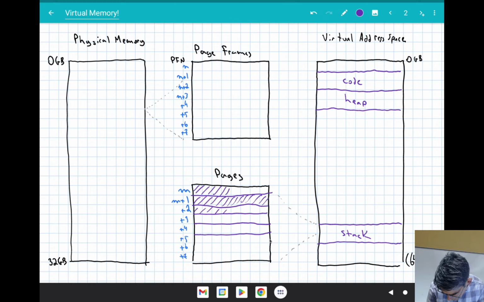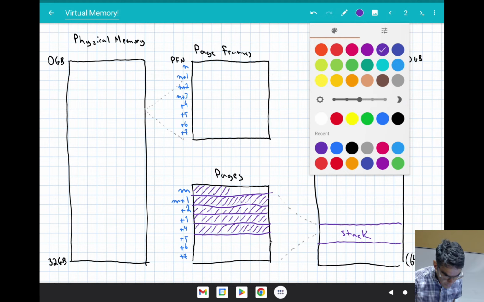So right now our virtual address space has a stack, and the pages for this stack are allocated up to about this point. So they're halfway allocated through one entire page.